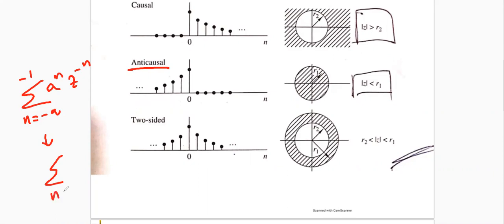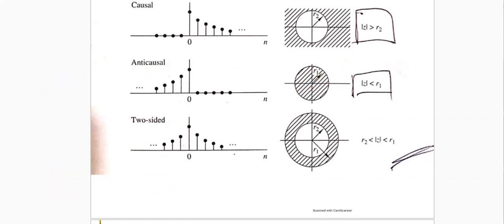So in that case, n should start from 1 to infinity, and a to the power -n and z to the power n. And with the same logic, we can write z should be less than any value. So let's say less than a, or with this example, this is R1. So that will give the interior of that solution.